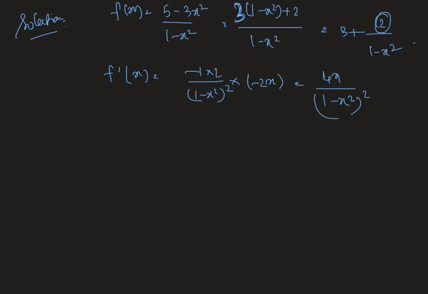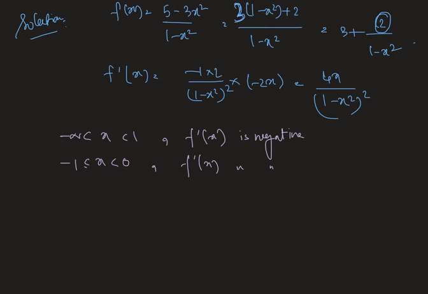Now for x belongs to minus infinity to less than minus 1, f prime x, or the slope of the function, is negative. If x belongs to minus 1 to less than 0, then f prime x is also negative.